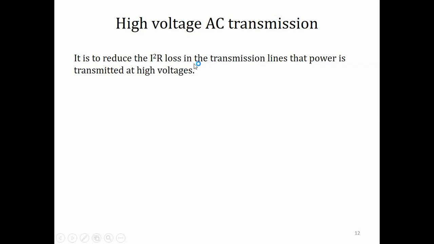That is 220 times square root of 2, which is about 1.4, so about 320 volts peak. So the sinusoidal voltage we receive in our homes is about 320 volts amplitude.